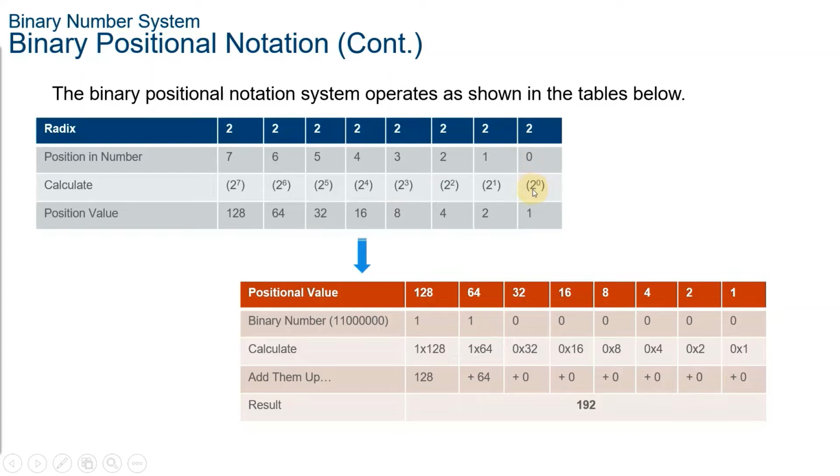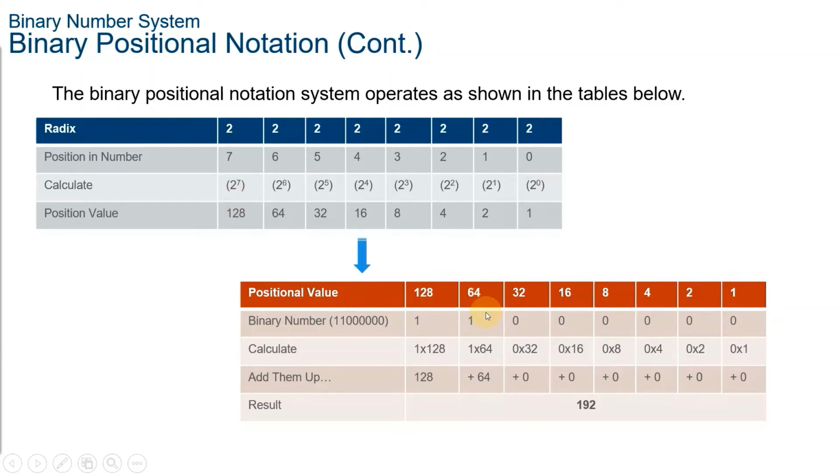So that would yield 2 raised to 0, 2 raised to 1, 2 raised to 2, until 2 raised to 7. The positional values would be: 2 raised to 0 is 1, 2 raised to 1 is 2, 2 raised to 2 is 4, 2 raised to 3 is 8, 2 raised to 4 is 16, 2 raised to 5 is 32, 2 raised to 6 is 64, and 2 raised to 7 is 128.